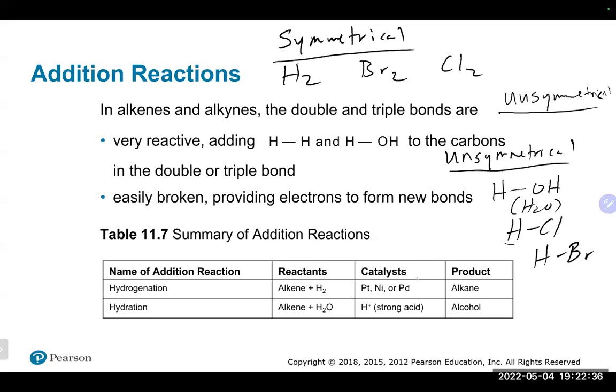Sometimes they do need catalysts. Catalysts are sometimes written on top of the arrow. Catalysts are not reactants. They're not products. They don't get used up in the reaction. I think we talked a little bit about catalysts in an earlier chapter, but they're there basically just to speed up the chemical reaction.